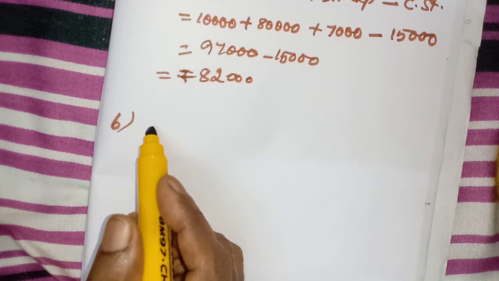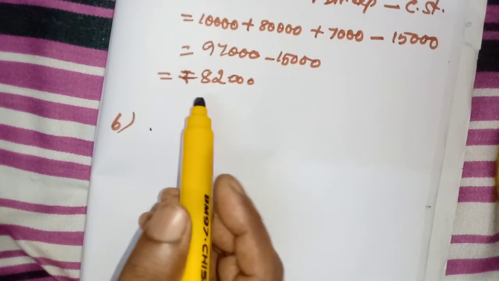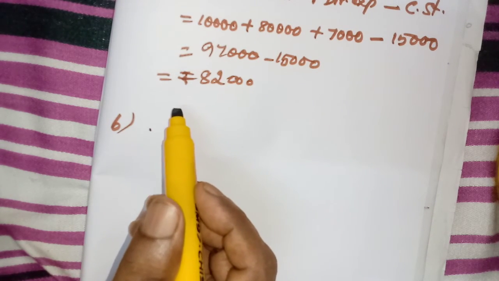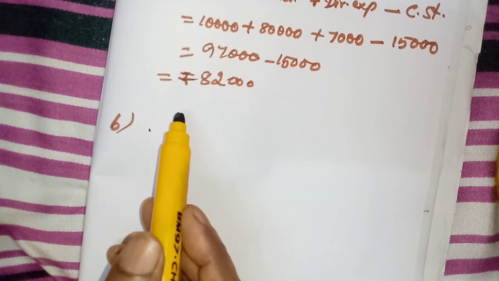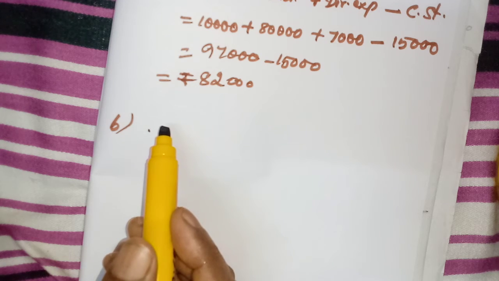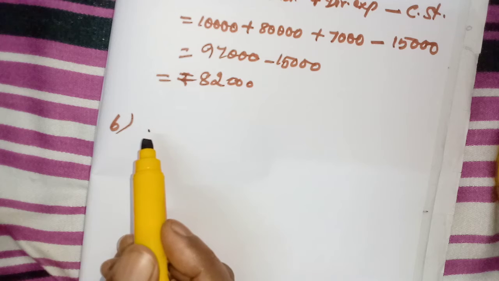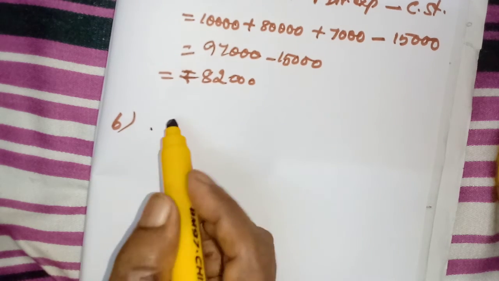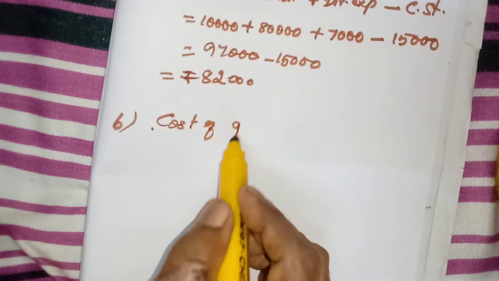Here, what is the formula to find out the sales? Cost of goods sold plus gross profit is called sales. Okay. So, what is the cost of goods sold? Opening stock, add purchases less closing stock. Okay, we will calculate cost of goods sold.